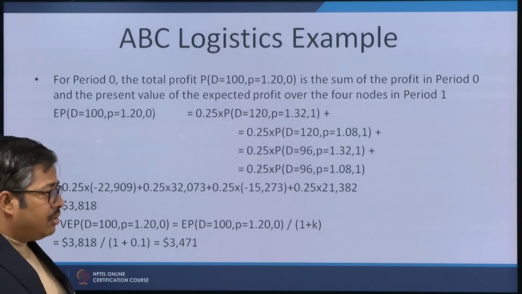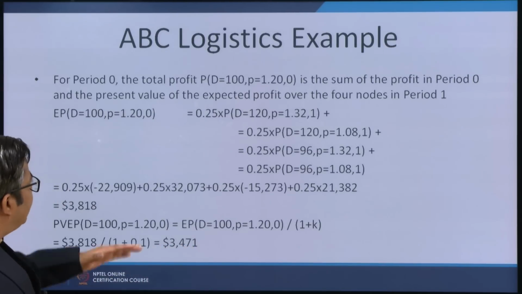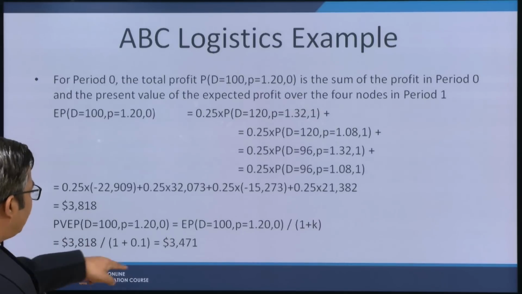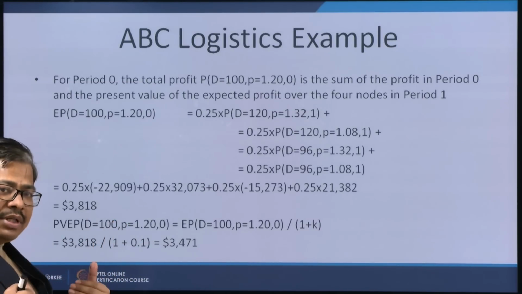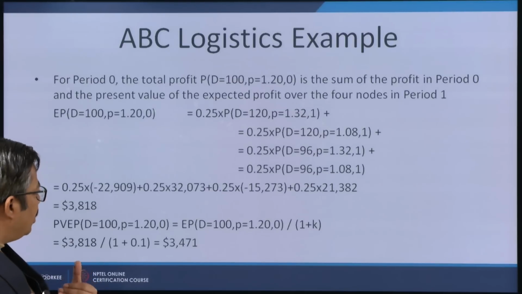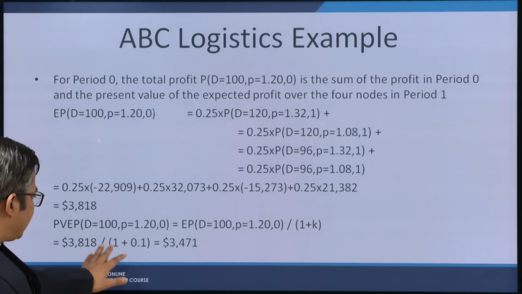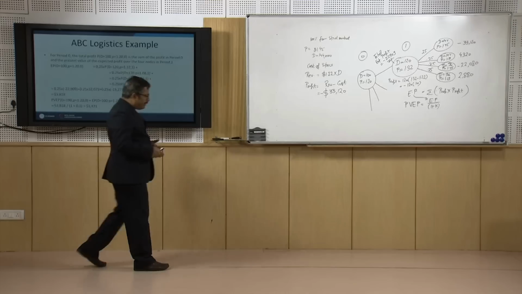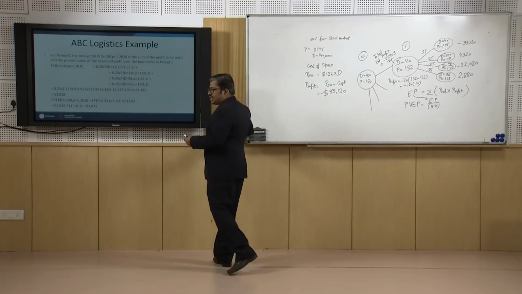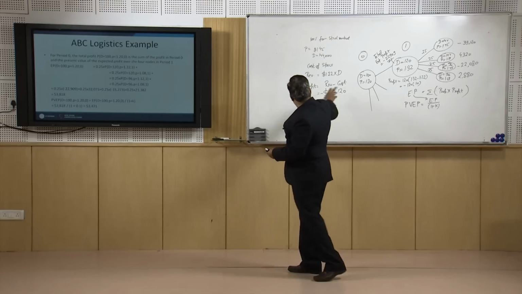it becomes 3471. So, what does it mean? This is only one part, that this is the present value of all my future cash inflows at time t0, but I also need to add to this 3471 the value of profit or loss which I am incurring in this particular period.